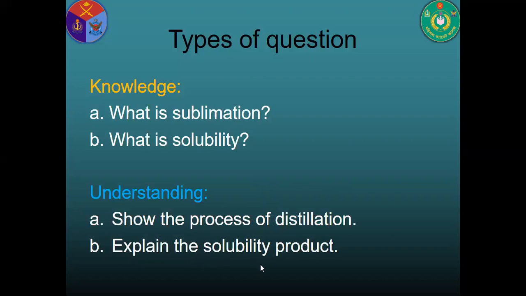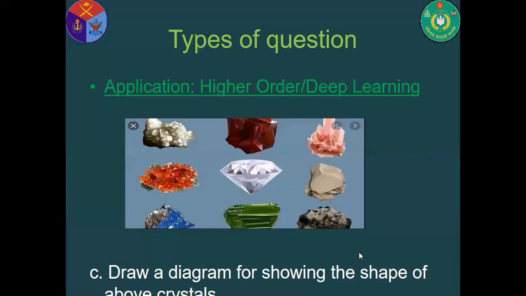Solubility product: the product of the molar concentrations of constituent ions, each raised to the power of its coefficient, is called solubility product. Draw the diagram showing the shape of the above crystals. Here are 7 crystals. Now draw the diagram and write which compound is for which crystal.